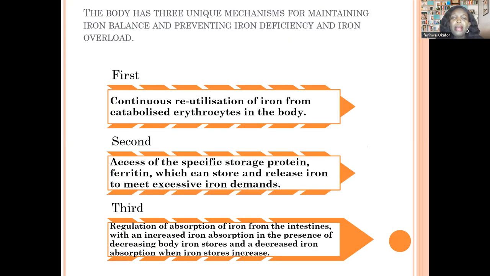Okay? Then the body has 3 unique mechanisms for maintaining iron balance and preventing iron deficiency on one hand, and iron overload on the other hand. First, there is continuous reutilization of iron from catabolized erythrocytes in the body.